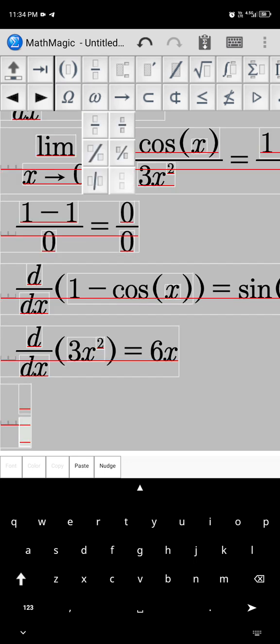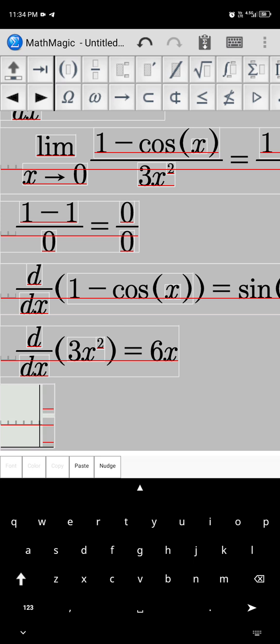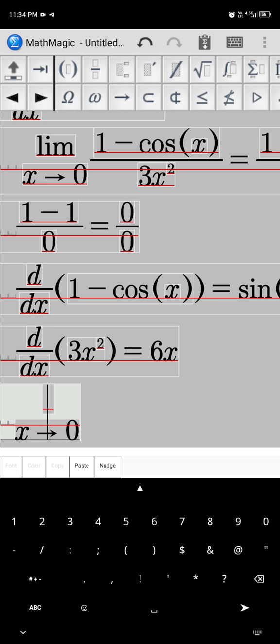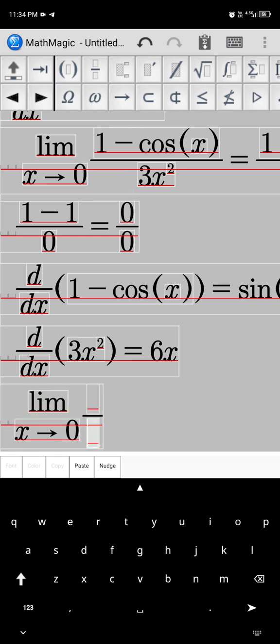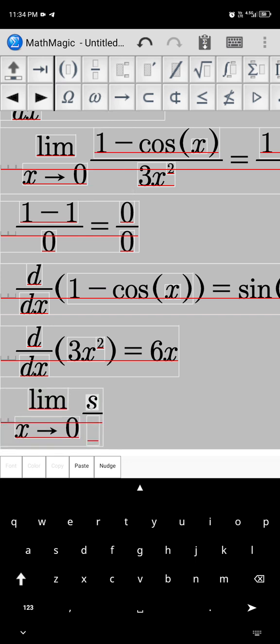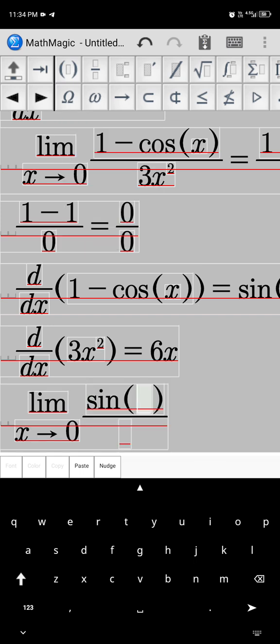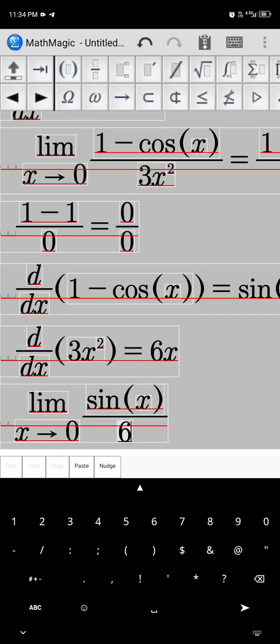We are going to have the limit as x tends to 0, where our numerator has changed to sine x and our denominator has changed to 6x.